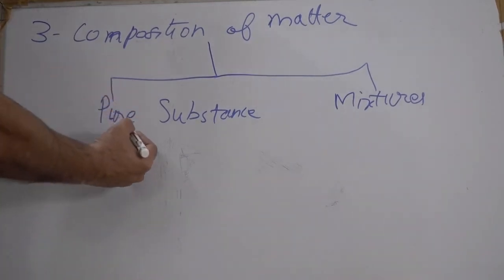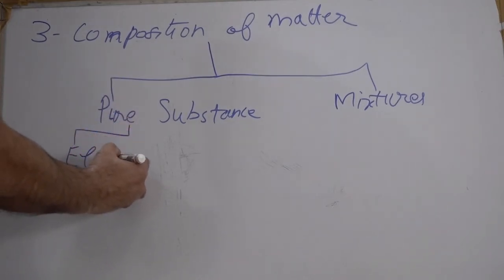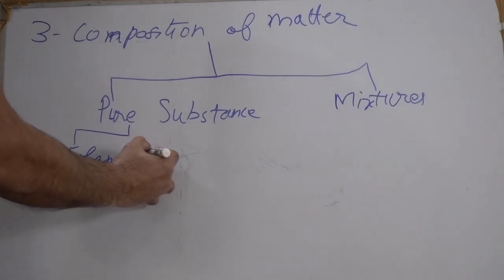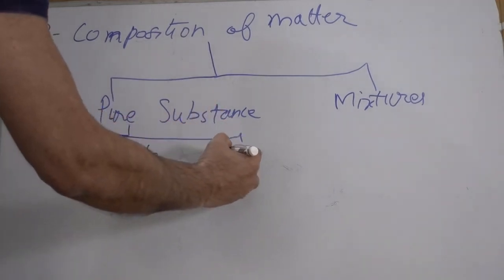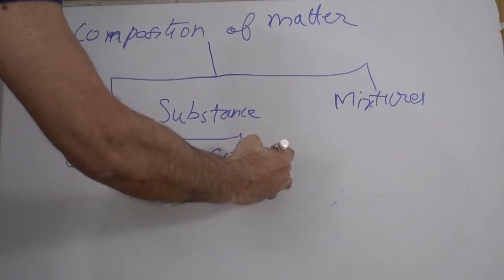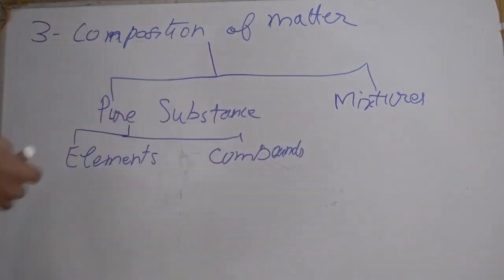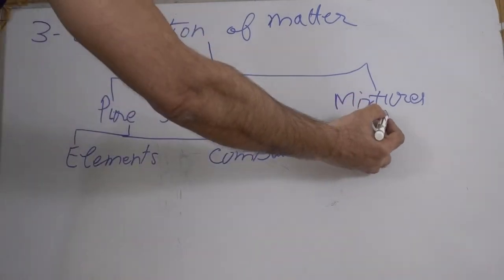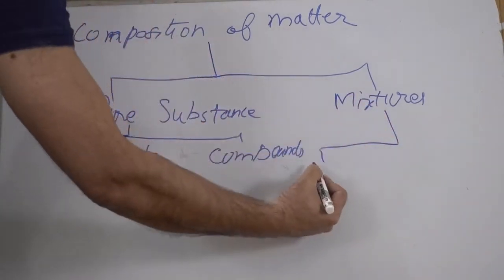Pure substances can be either elements or can be compounds. And mixtures can be homogeneous.